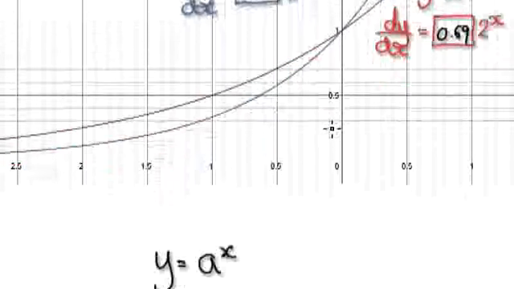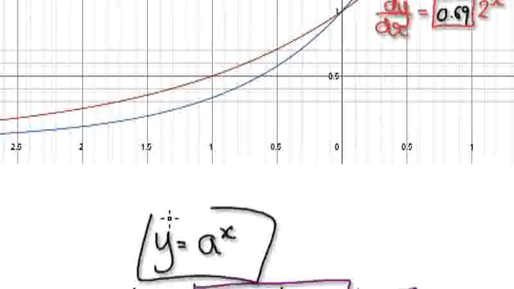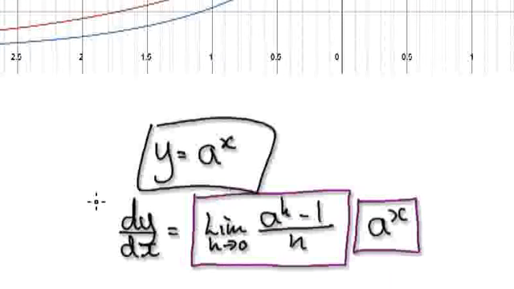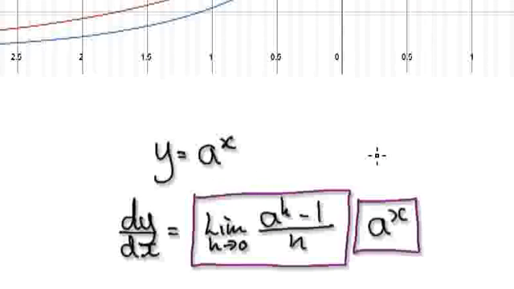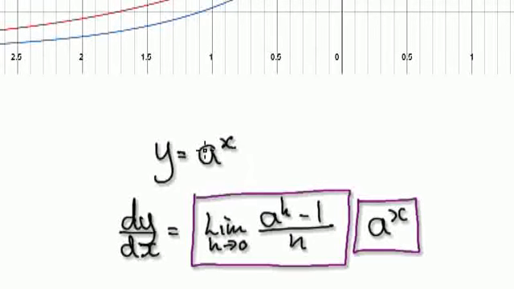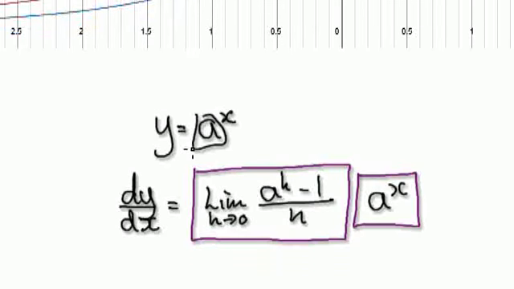So if you look at this, y equals a to the power of x. When you differentiate it, you would get this thing here. This box here represents the gradient at x equals 0. We want to deliberately find an a, a base, where this box here equals 1.